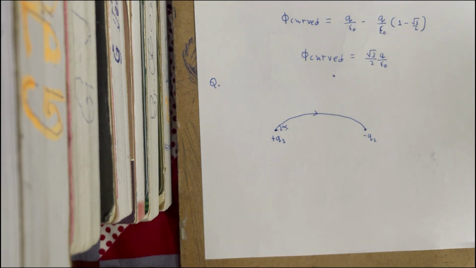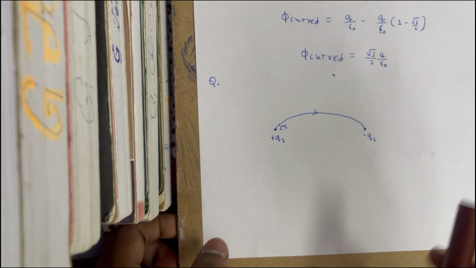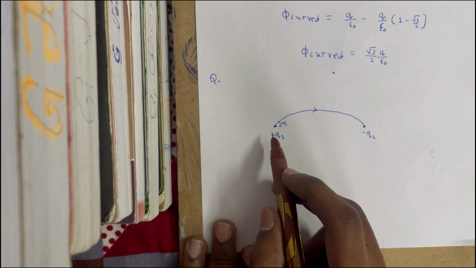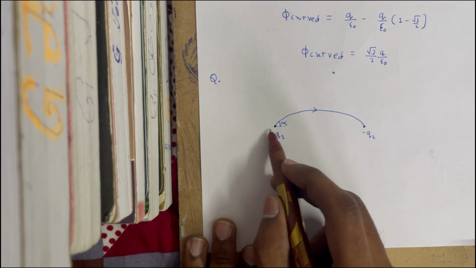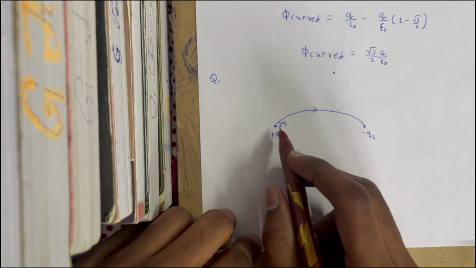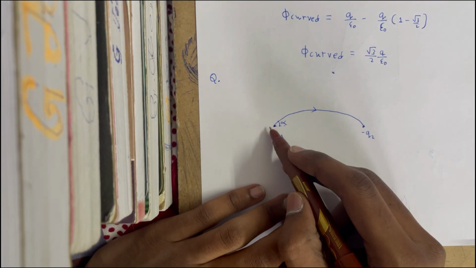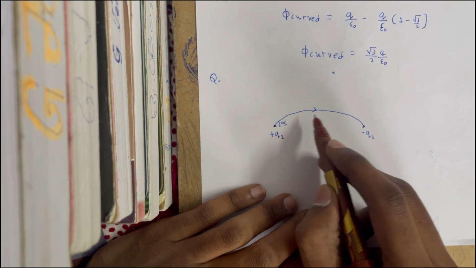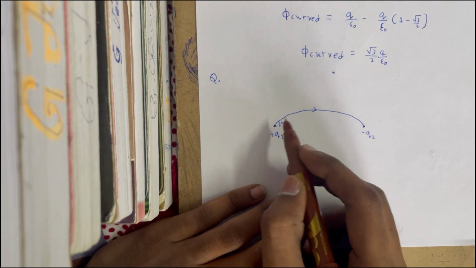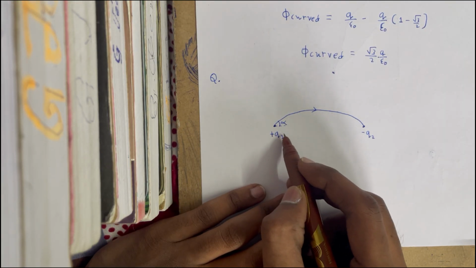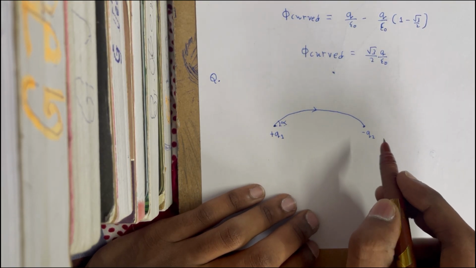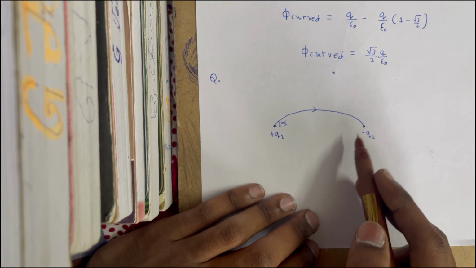So let's approach the last question of this video. So if there were 2 charges, plus q1 and minus q2, and if a line of force emerged at an angle alpha at q1, at what angle will it terminate at q2?